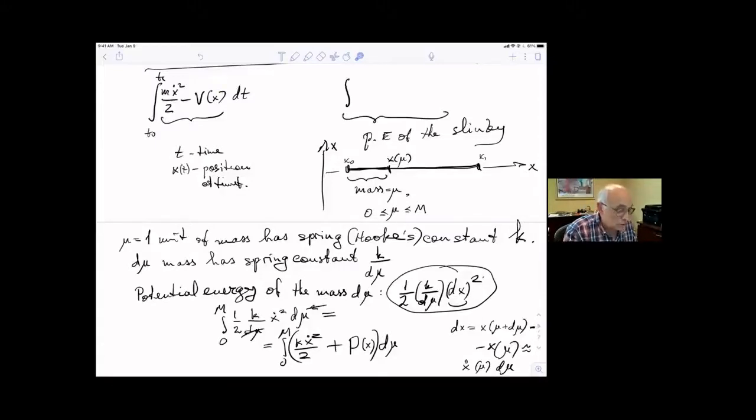It is a Lagrangian of a moving particle, or it's a potential energy, if I simply call P minus V, right? Then it's the potential energy of the slinky. And this analogy, it's more than analogy. It's an exact equivalence.